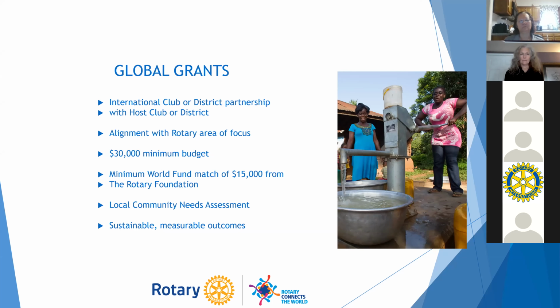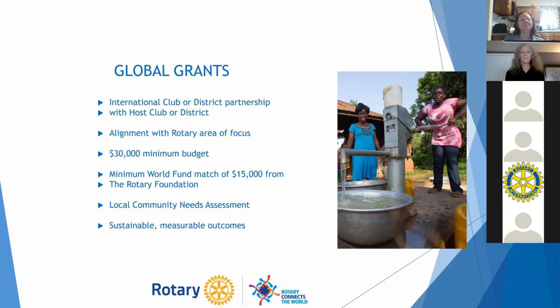A global grant has a minimum budget of $30,000 and a minimum World Fund grant match from the Rotary Foundation of $15,000, which from a practical standpoint means that a budget is probably going to be in the $35,000 to $37,000 range as a minimum.